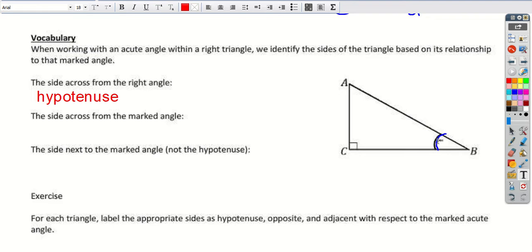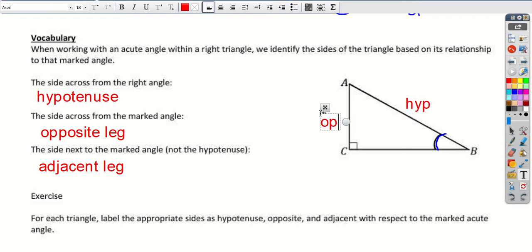The side across from the marked angle, so here angle B, is called the opposite leg, or the opposite side. And the side next to the marked angle, remember next to, not the hypotenuse, is called the adjacent leg. So the hypotenuse is always located across from the right angle.